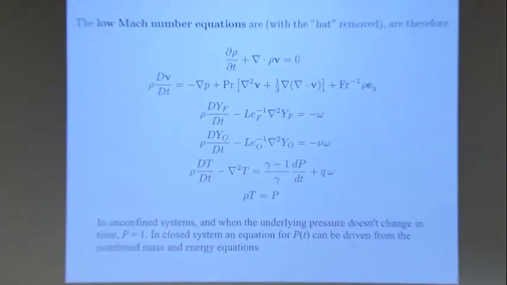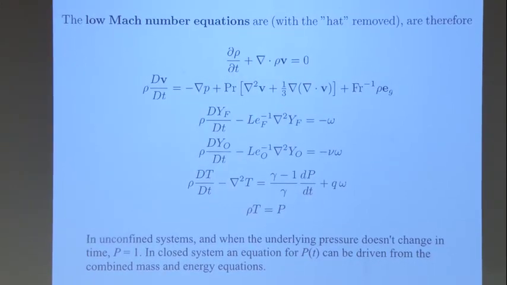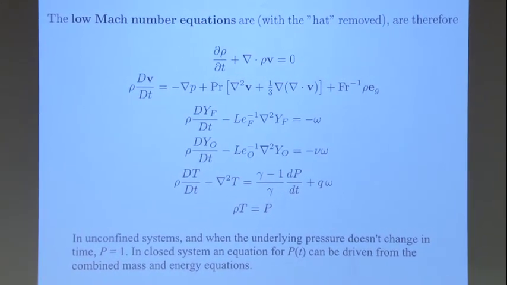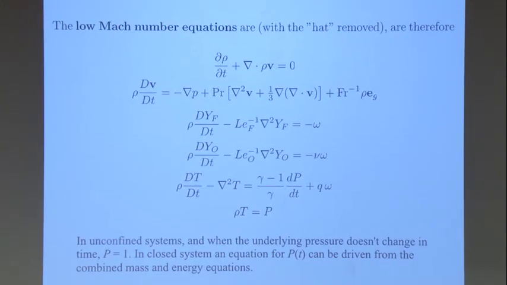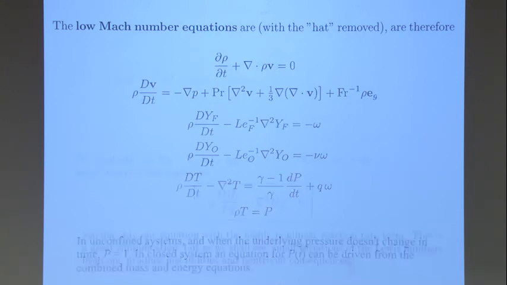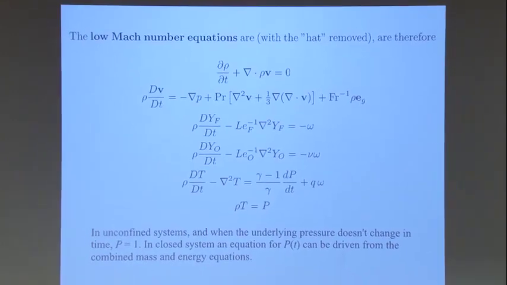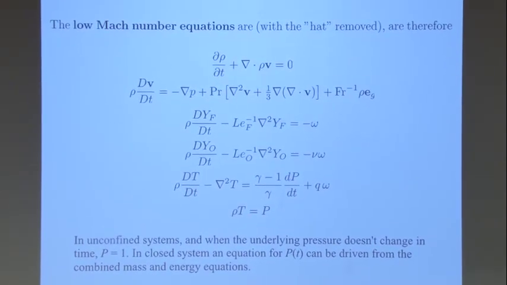So then you have to retain this term in the equation. Or P can change in time if there are some boundary conditions that impose some changes in the global pressure. Otherwise, if you have combustion in free space, then the capital P is the ambient pressure, which we have scaled to be P naught, so it's 1. So then we replace this by 1 and this by 0. And these are the low Mach number approximation equations that we'll be using. So let's take a break, and then we continue from there.